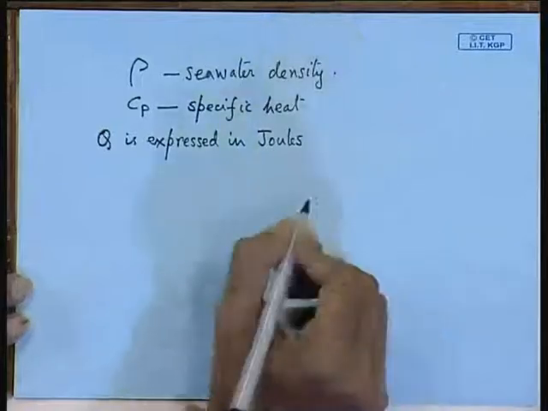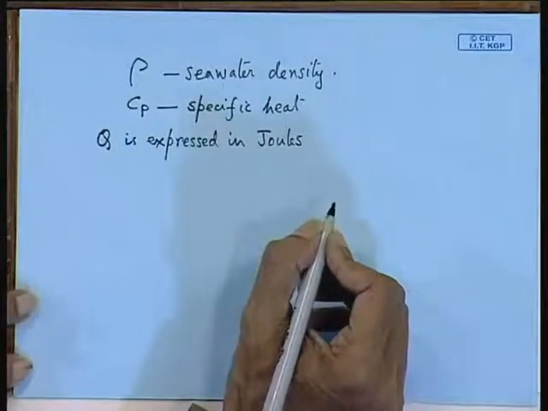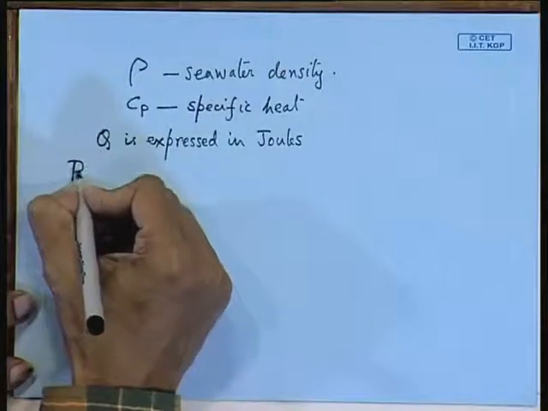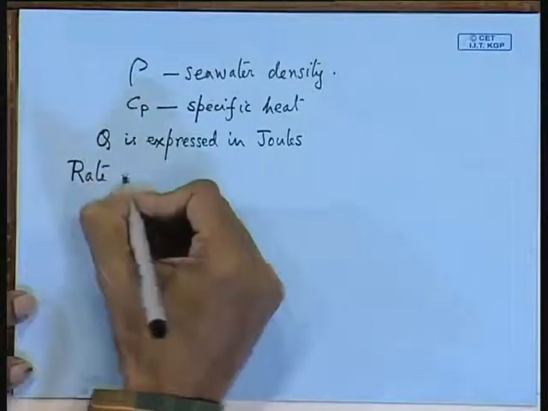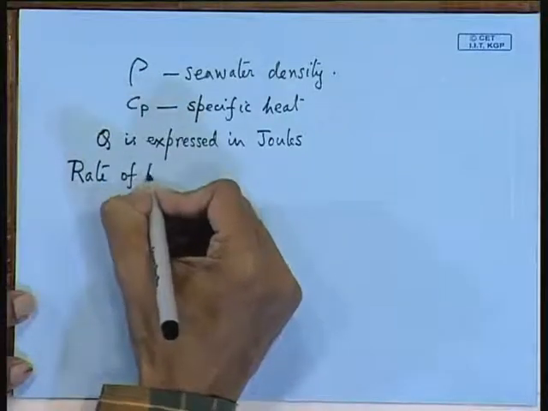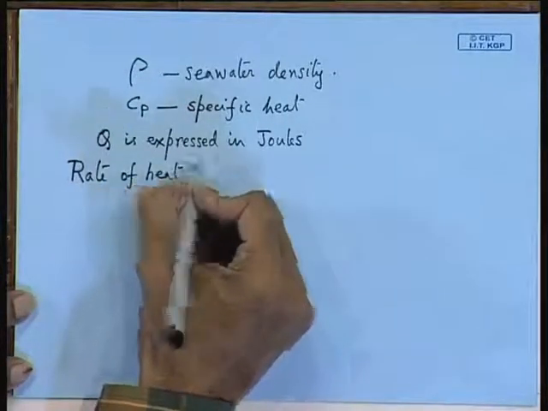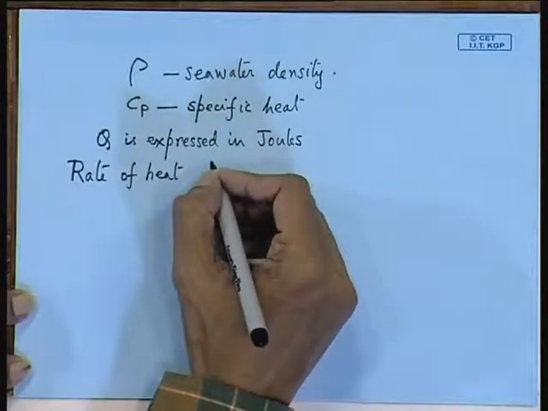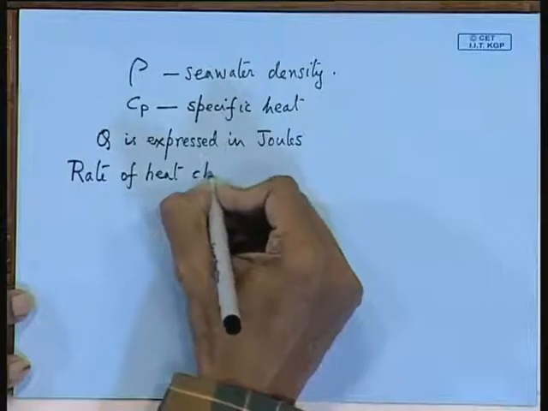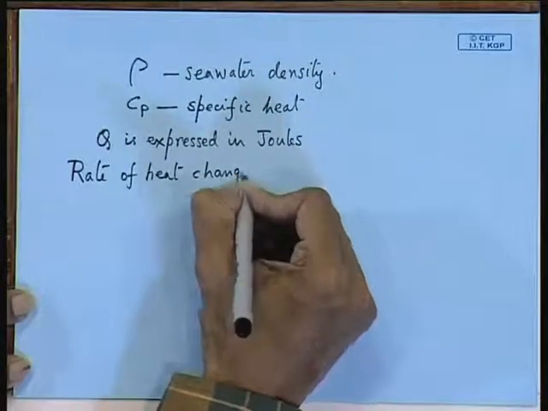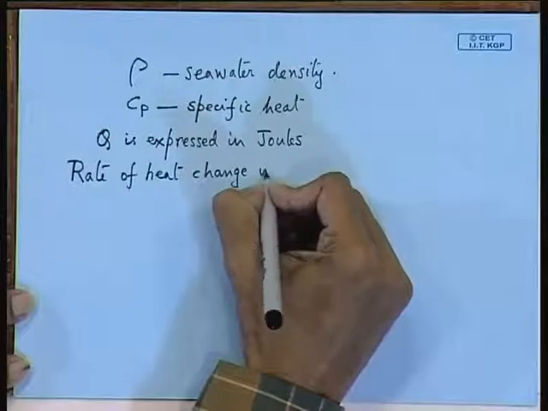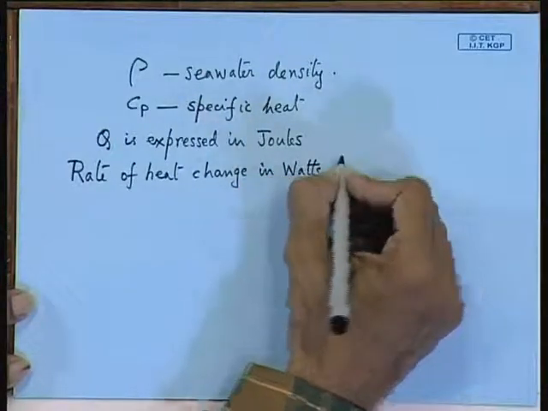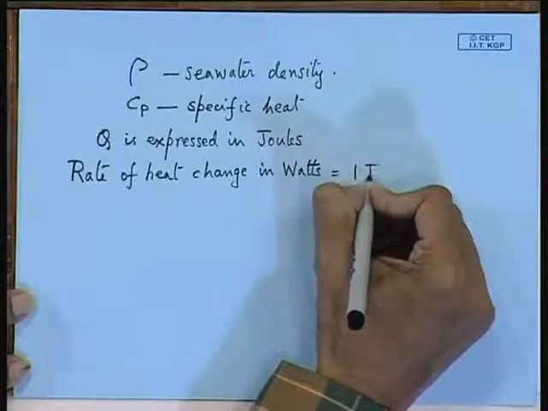It is expressed in joules. And rate of heat change is what we are interested in. Rate is expressed in watts. Now, what is the unit of watts? This is 1 joule per second.